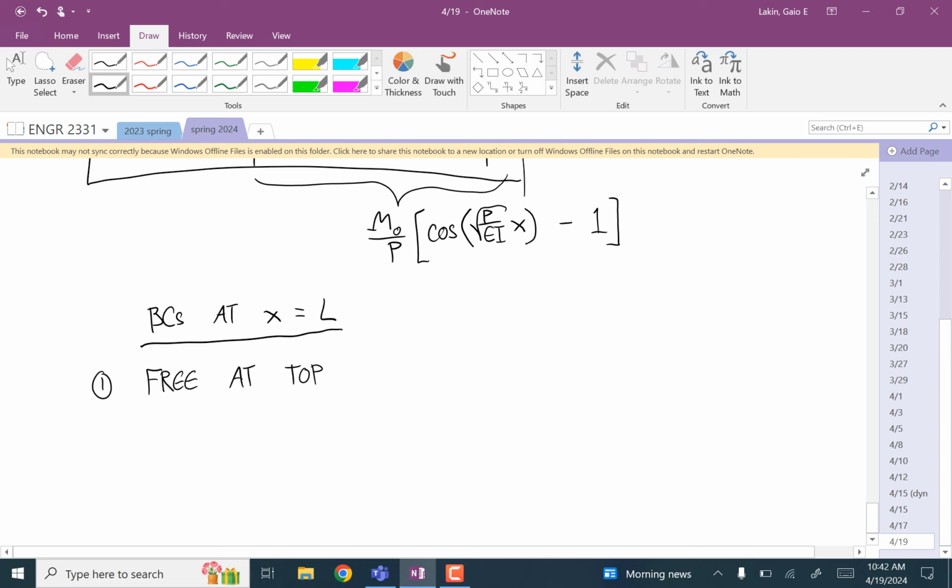So that's one where it starts out like this, you apply the load, and it does this.